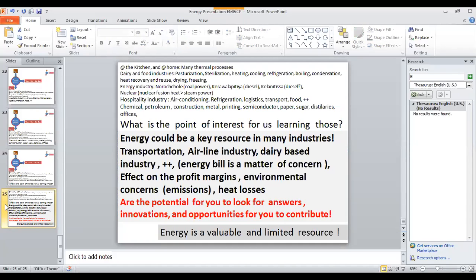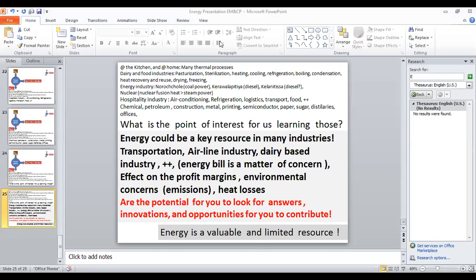Even when you go to interviews, you can talk about this energy. You will look for energy consumption optimization, energy recovery, and reuse. These could be your interests when you are joining companies. Or you can provide energy solutions as a business you are initiating.